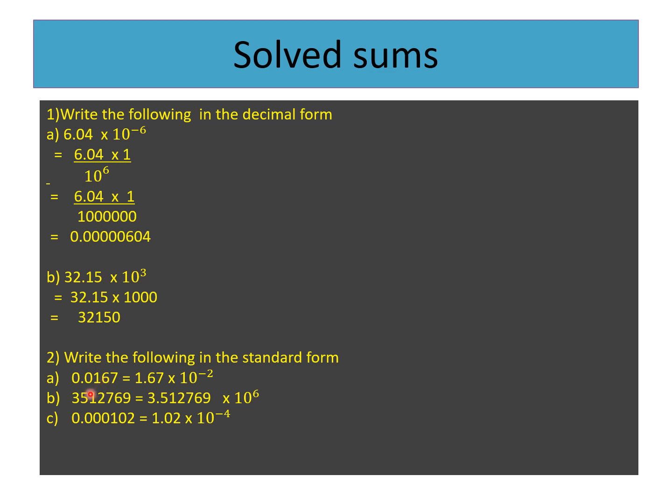When we have 0.016, we want only one whole number. Move to the right side. How many digits? 1, 2 digits. So we will get 1.67 into 10 to the power minus 2. Why we are getting minus 2? Because we are moving the point 2 digits. 1, 2.